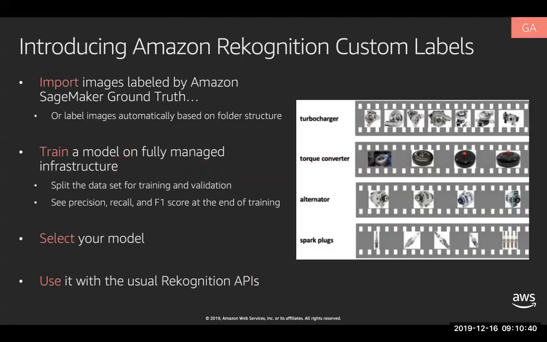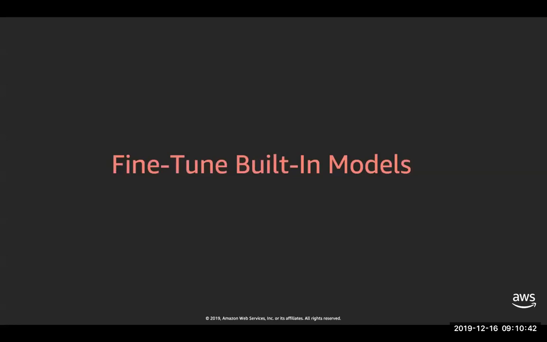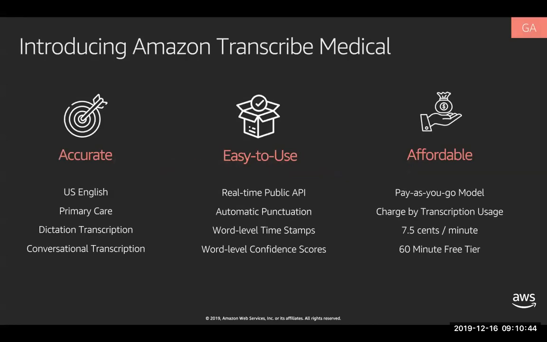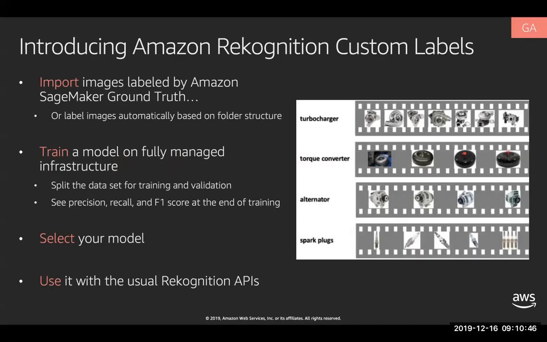But let's see. With these higher level services, there's a service called Rekognition, which is for image classification. Straight out of the box, Rekognition supports a fixed number of labels, so it can do oranges and pineapples and trees and things like that.